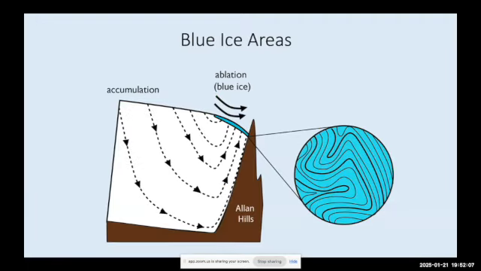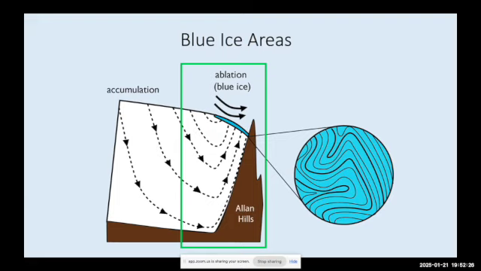Zooming in near the ice margin, we have areas where the removal of snow and ice exceeds the rate of it accumulating.